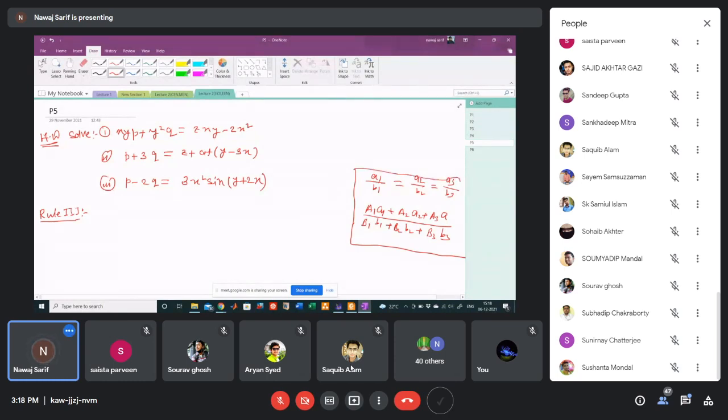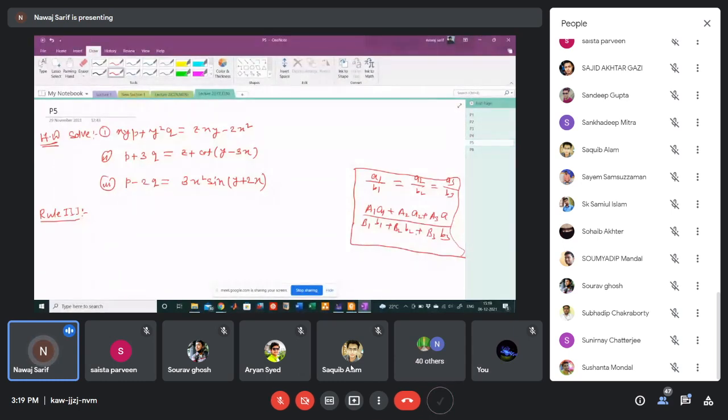In mathematics, if you are given an equal sign, then can you write this as the sum of the numerators over the sum of the denominators? This is the basic thing of mathematics.